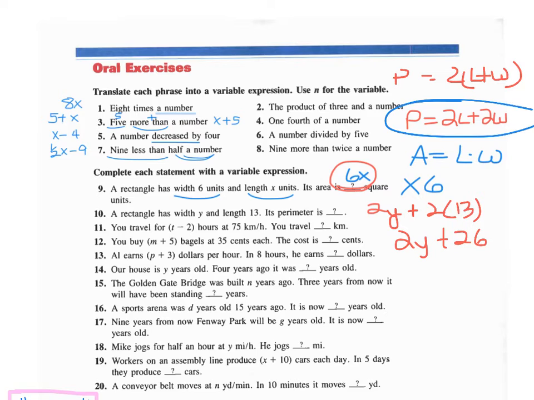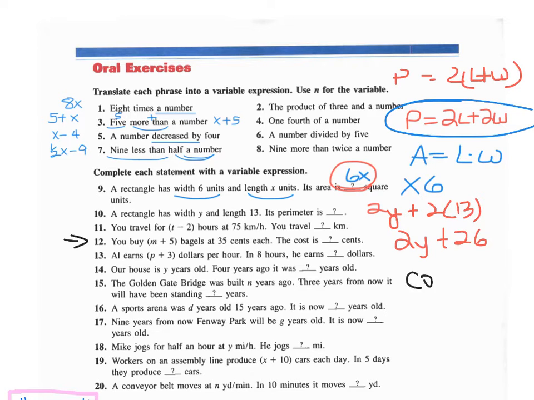Let's try another one with, let's do a cost one. Let's try number 13. Oh, no, wait, let's do 12. Okay, can someone try and tell me, number 12, you buy M plus 5 bagels at 35 cents.